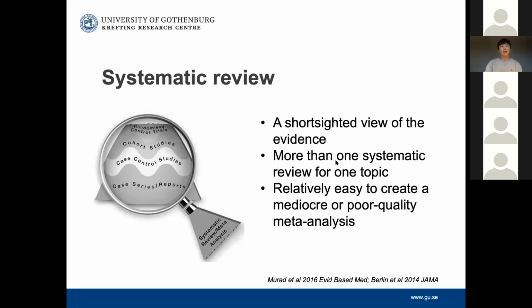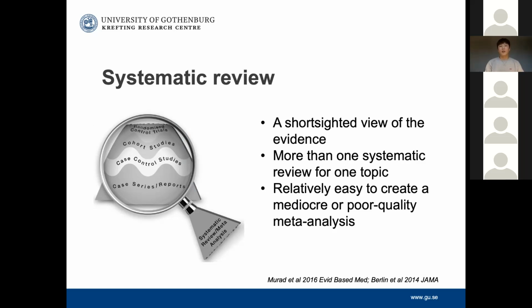One is that it's a short-sighted view of the evidence. Menopausal hormone therapy, as an example, has many effects, and usually one systematic review only summarizes the evidence for one outcome or several outcomes.